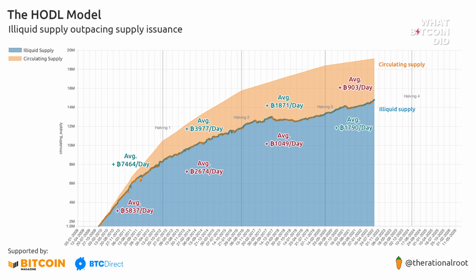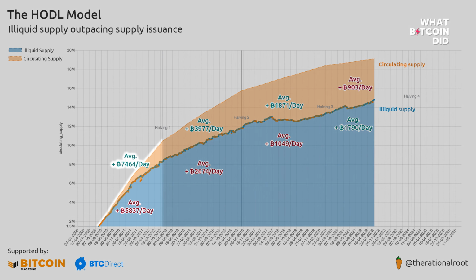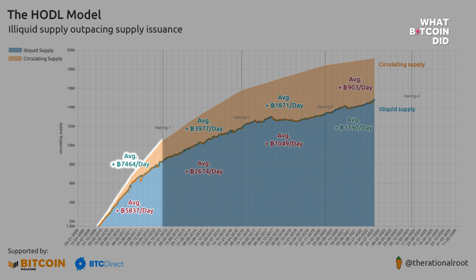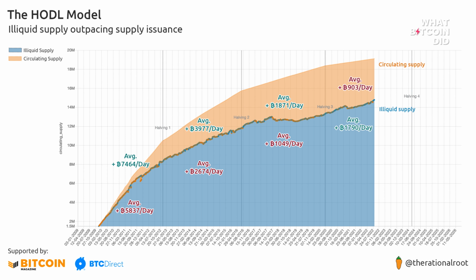In pre-halving one, when the block reward was 50 Bitcoin per block, we had about 7,500 Bitcoin per day added, and illiquid supply grew by about, let's round these numbers, 6,000 Bitcoin per day, more or less.